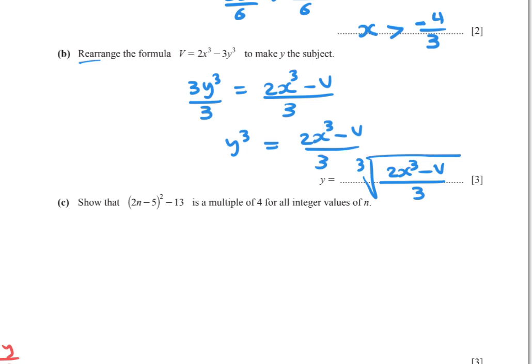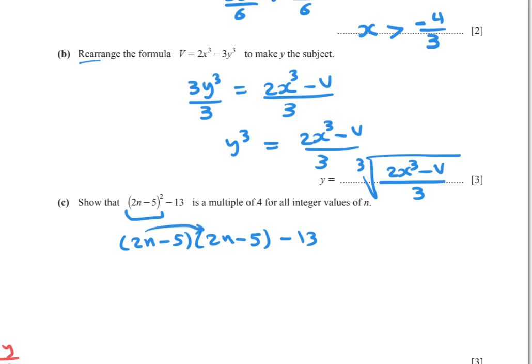C, show that (2n minus 5) squared minus 13 is a multiple of 4 for all integer values of n. So we need to expand to prove that. So (2n minus 5) all squared, you can write (2n minus 5) times (2n minus 5), then minus 13.